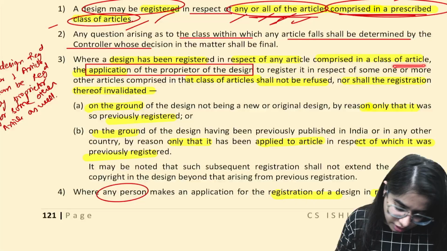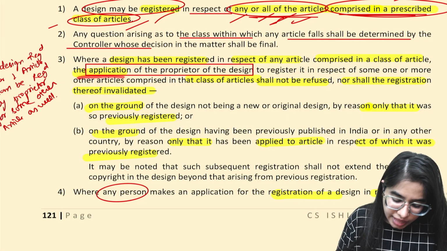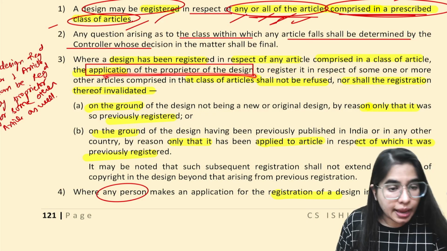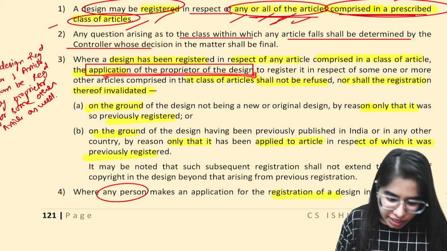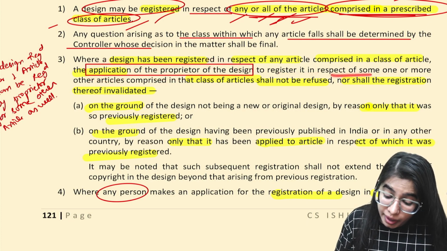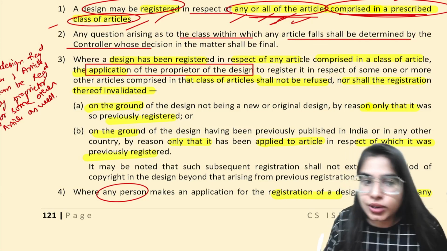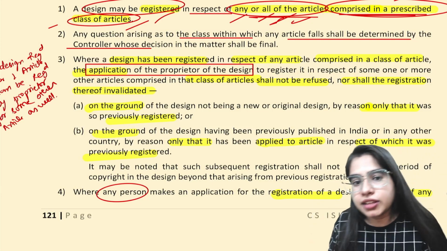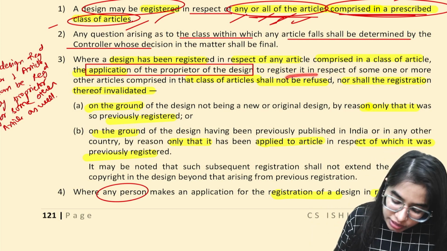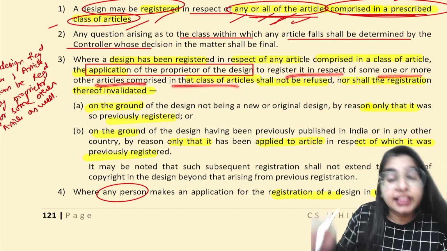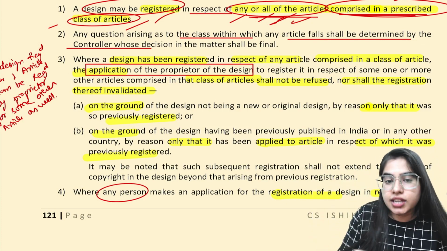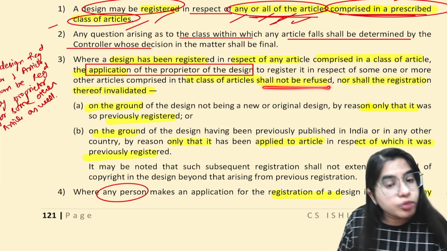Then the application of the proprietor of the design, if you are further making an application, who? The proprietor of the design. So the application of the proprietor to register that same design in respect of some other article, you are registering that same design for a water bottle. Are we clear with this? To register that same design for some other article in that class only. The class is the same, but you want to register that design for some other article, it shall not be refused.